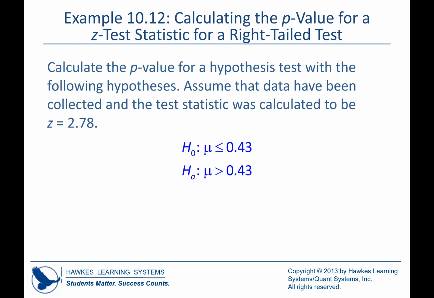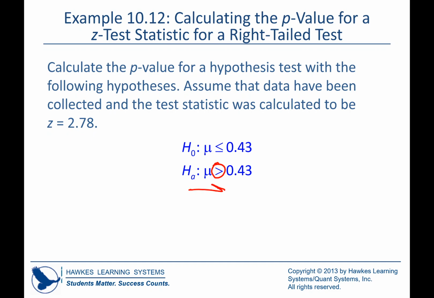So look at this one. Same idea. We're doing a hypothesis test with these hypotheses. We've already taken the data and plugged it into our formula and calculated our test statistic to be 2.78. Now we want the p-value. So we look at the symbol in our alternative hypothesis. Is this a left-tailed, right-tailed, or two-tailed test?